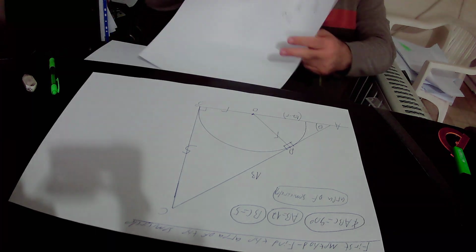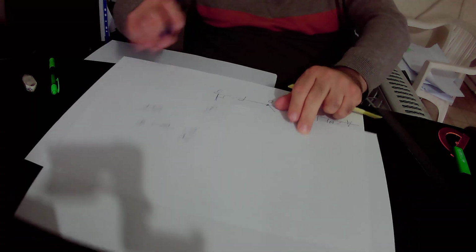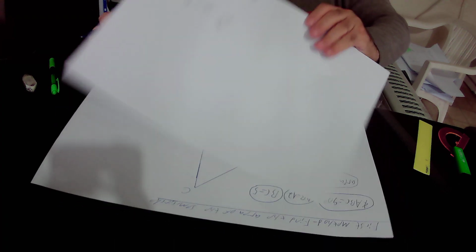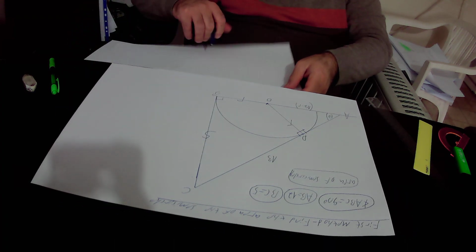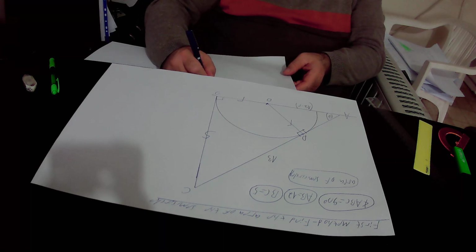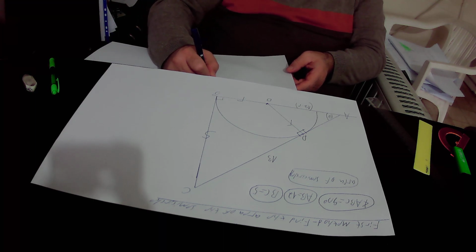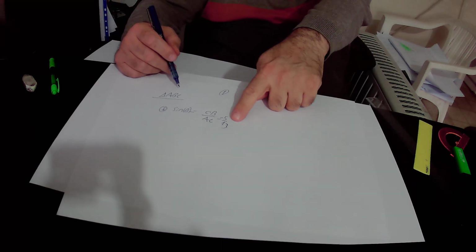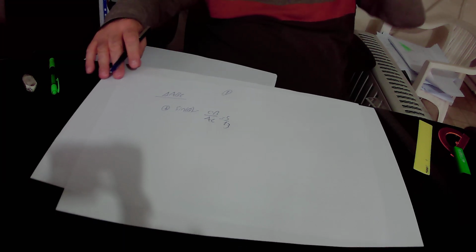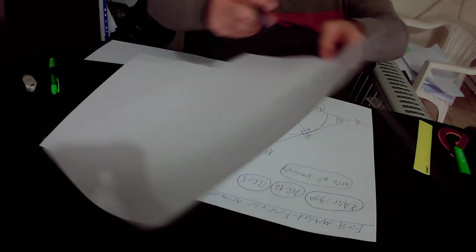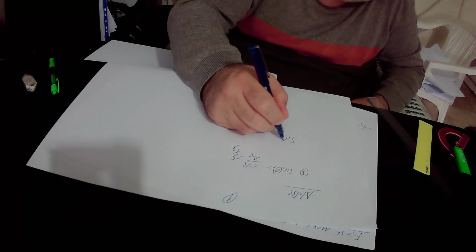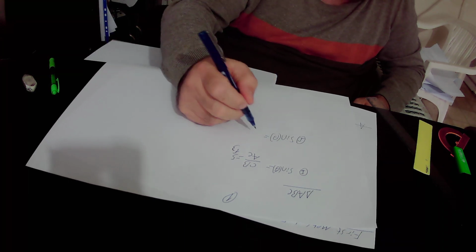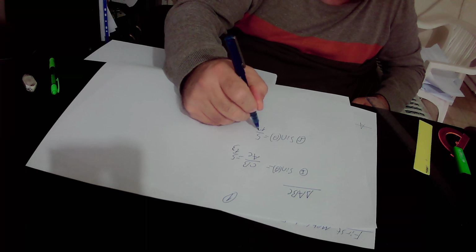I will repeat again: on the right triangle ABC, sine theta equals CB over AC. We know that CB equals 5 units and AC equals 13 units. So according to equation number 1, sine theta equals 5 over 13.